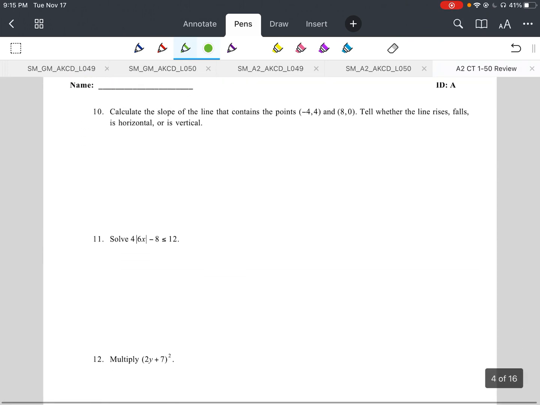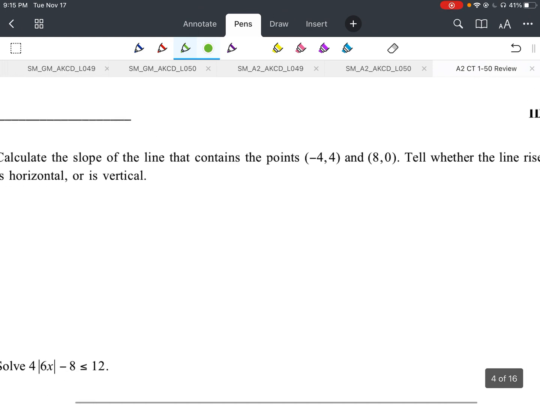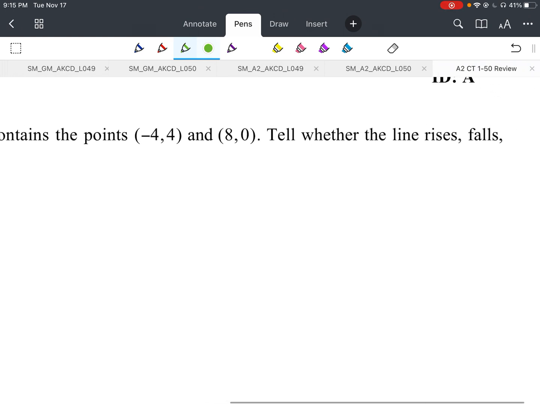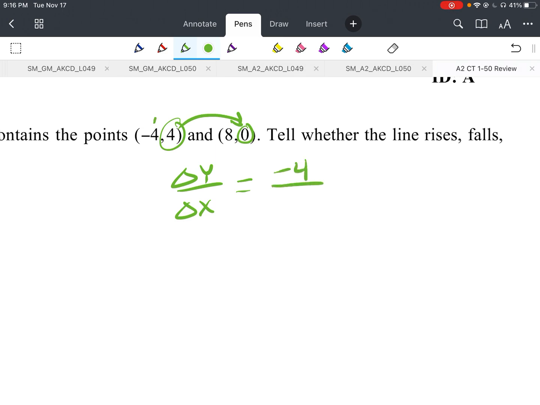Good stuff. Calculate the slope. All right. So this is delta y, rise, over delta x, run, rise over run. And how does the y change going from 4 to 0? That drops 4, so it's negative 4. How does negative 4 change to 8?